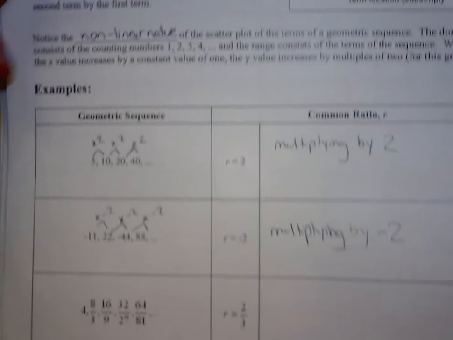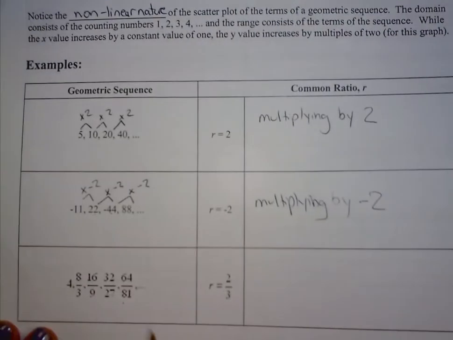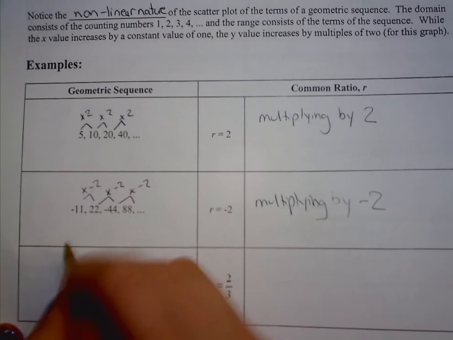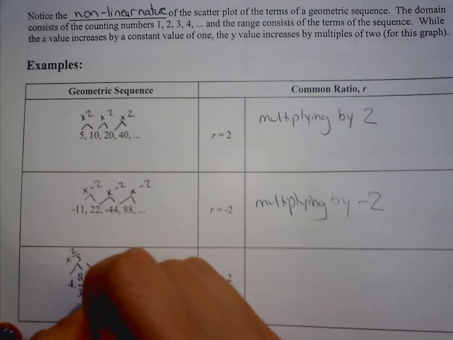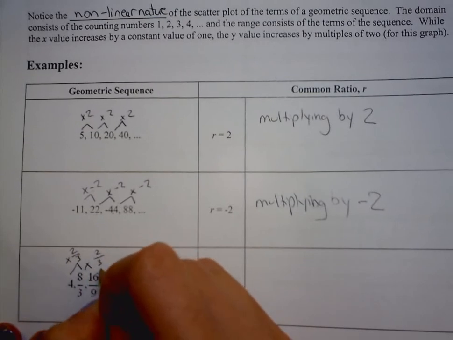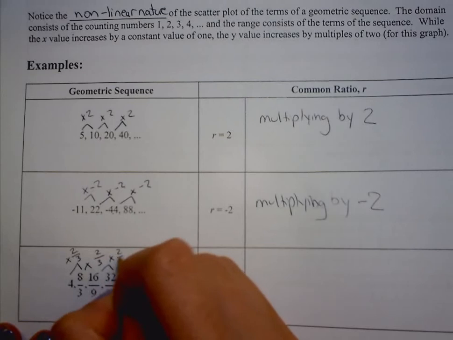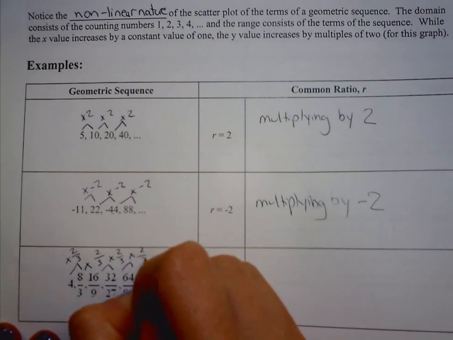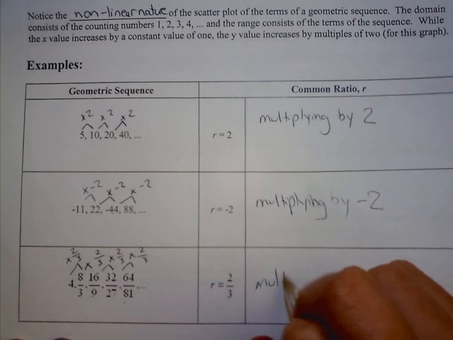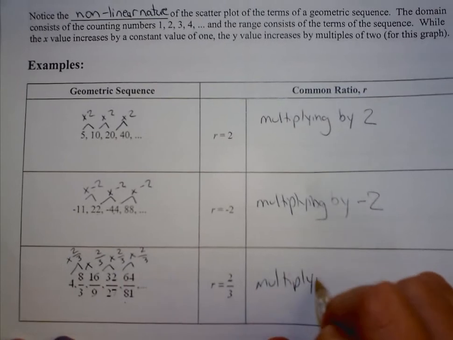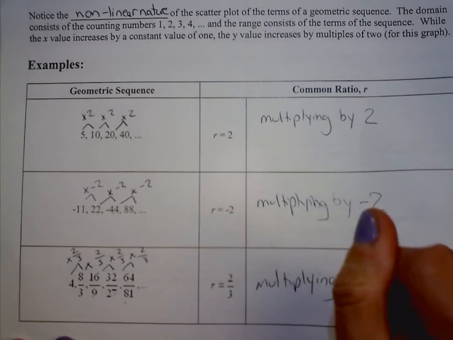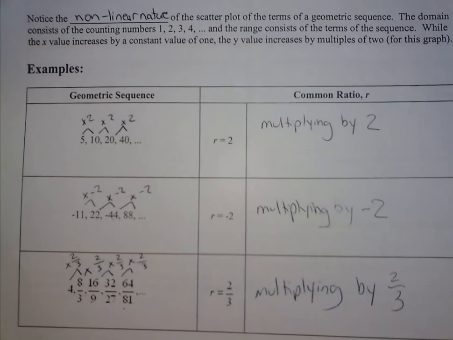And in my third example here, I'm multiplying by 2/3. All right, so that's how we figure out our common ratio.